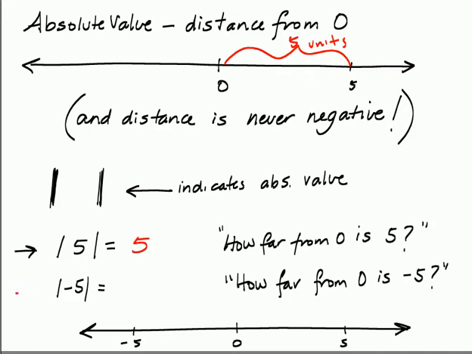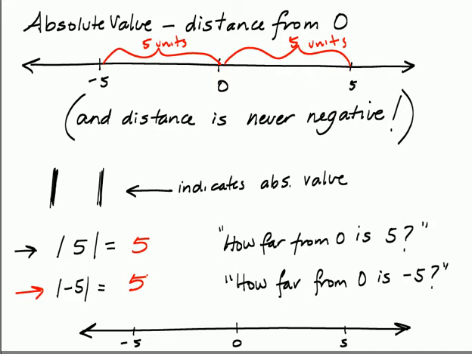And how far is -5 away from zero? So here's our little -5 over here on the left. Same distance though, it's just to the left, but absolute value doesn't care if it's left or right. It's just how far do I have to go. It's still 5 units, so the absolute value of -5 is also 5.